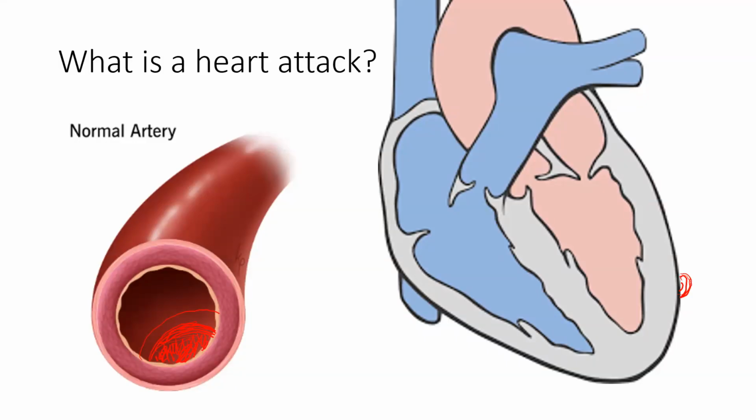And the moment that cap rips off, you now have a process of thrombus. The plaque becomes thrombogenic, meaning the inner parts of the plaque are exposed to the blood flow and all the clotting factors, and it's going to create a clot.